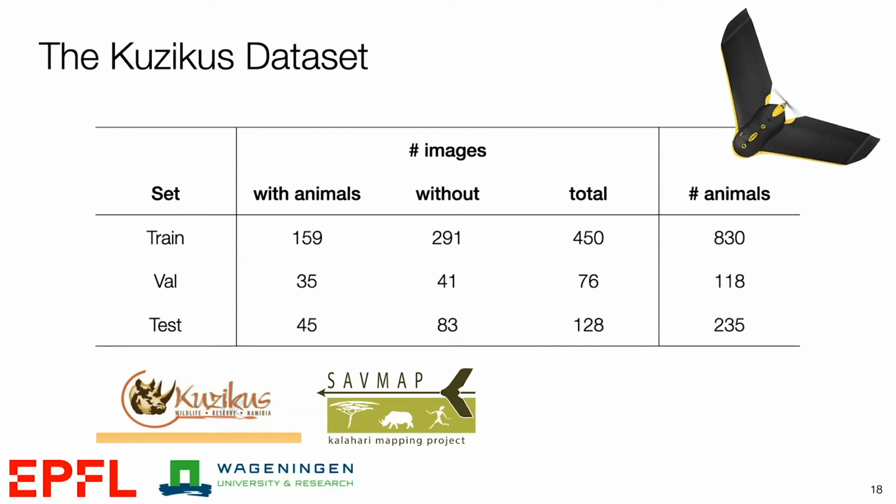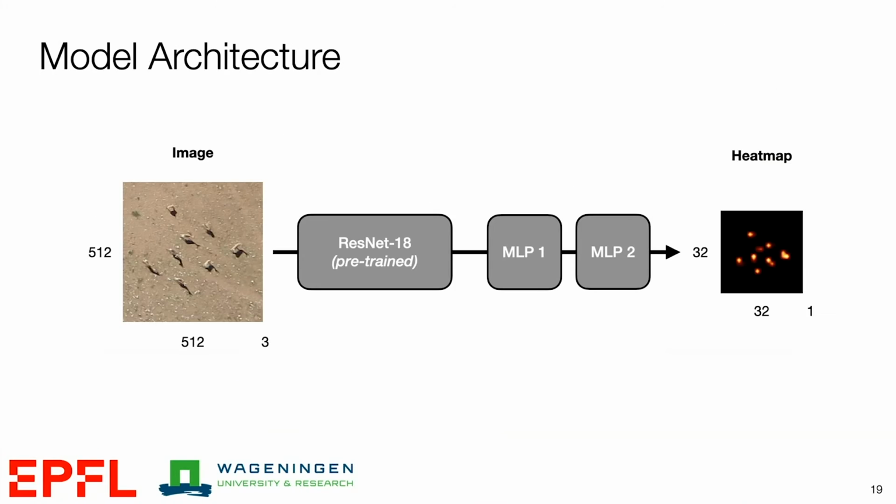You can see this looks like we have a lot of animals, over 1,300, but if you think about it, 830 animals for training is not that much. And the number of images looks small, but these images are big. They're 4,000 by 3,000. So we crop patches out of them to train the model. We crop patches of 512 by 512.